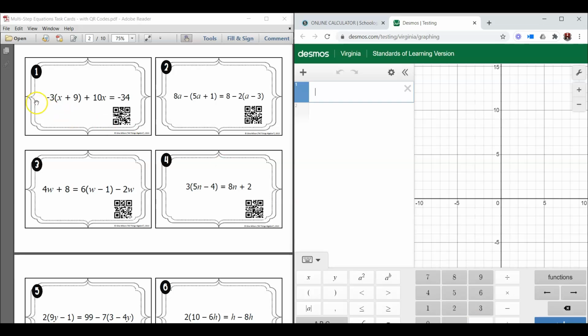All right, so I'm going to type this number one in over here on my calculator. So I'm going to do -3. And notice for the negative, I just used my subtraction sign. And then parentheses, x plus 9.